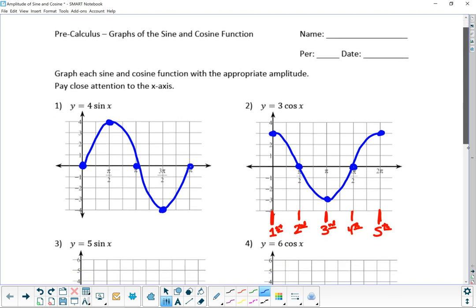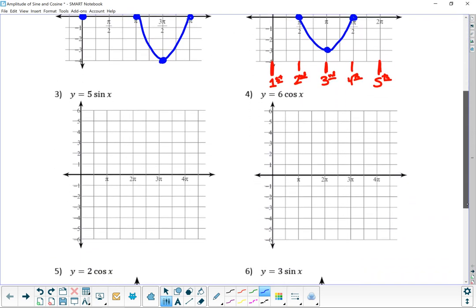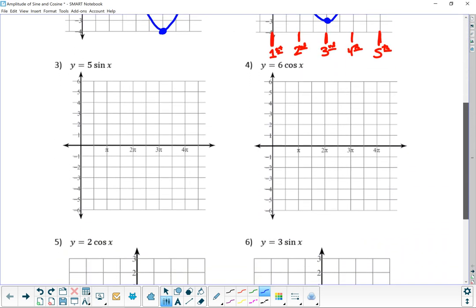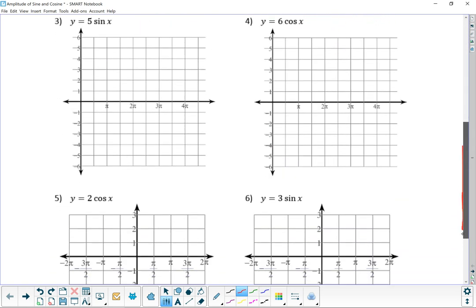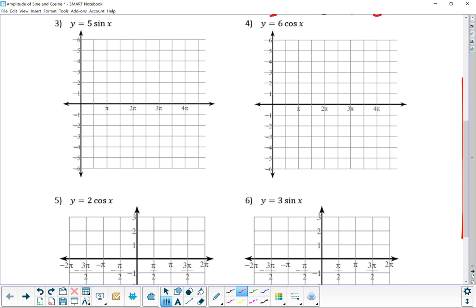I'm going to leave those markers there because now we're changing this up a bit. Now on number 3 we have a new graph, and it's still a regular sine. So we're going to do our period from 0 all the way to 2 pi, and notice that it's changed. Let's do our 5 markers. That's our period. We're going to go half of that, and then each of those halves in half.